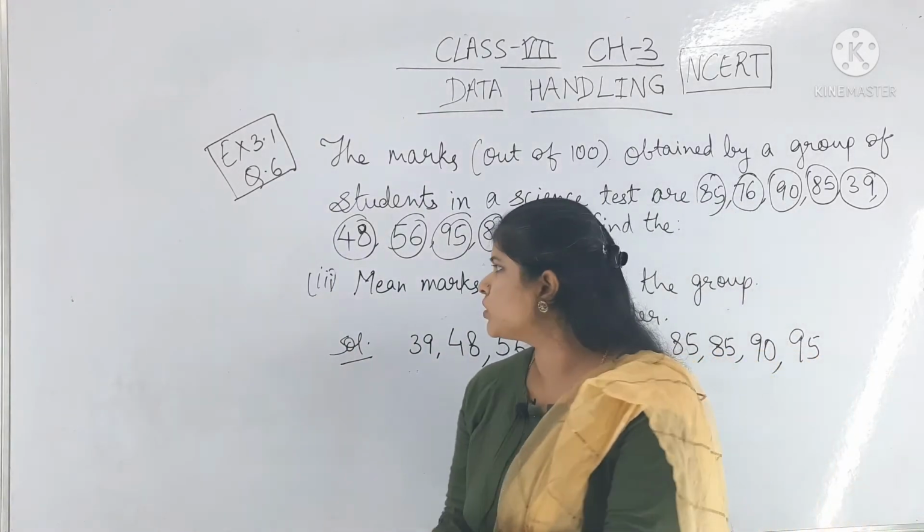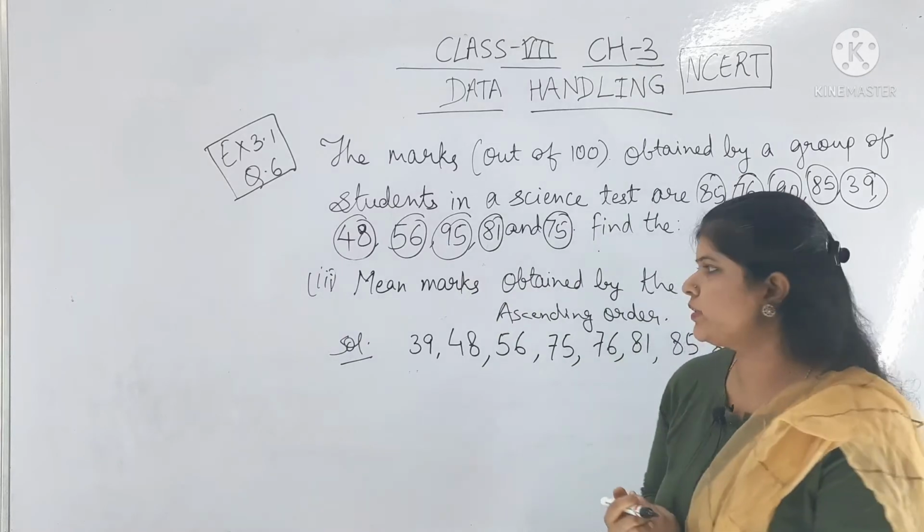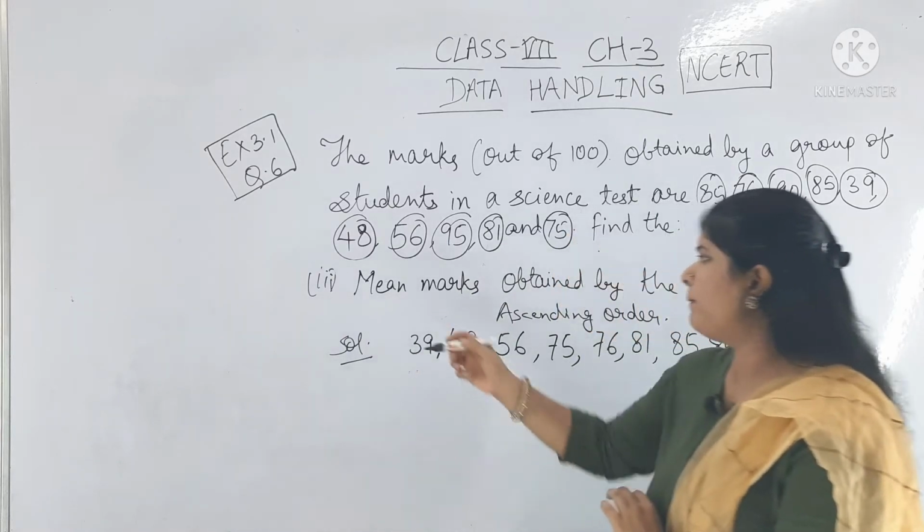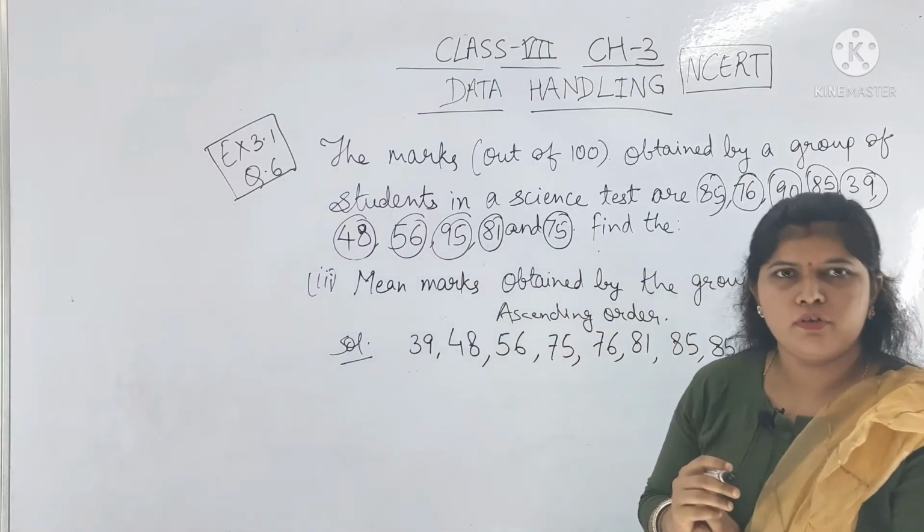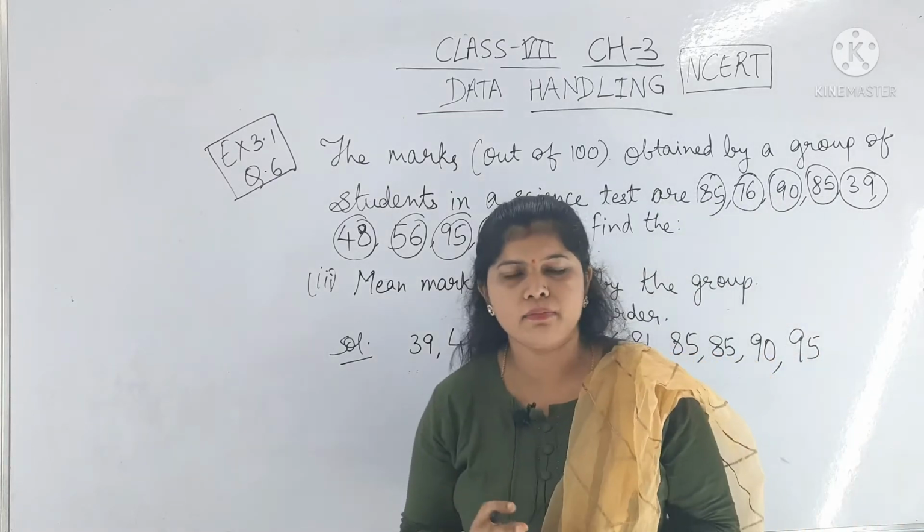Okay students, come to the third part of question number 6. Here the question is the mean marks obtained by the group. We have to calculate the mean, meaning the arithmetic mean.